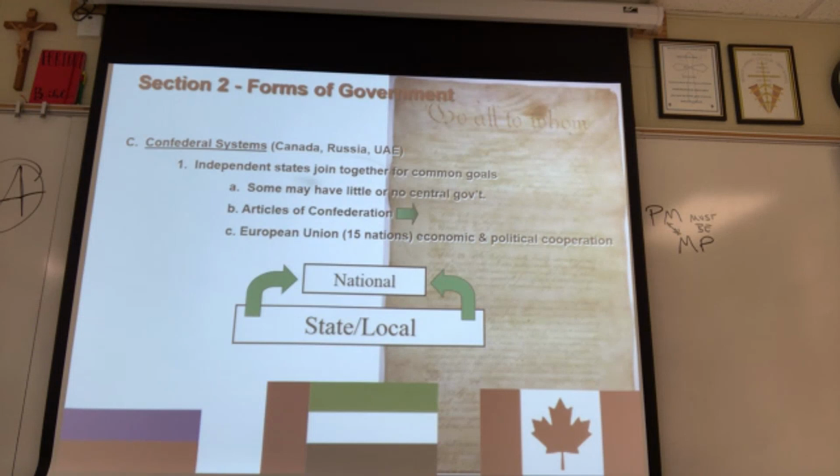The power stays with state and local governments. Right?